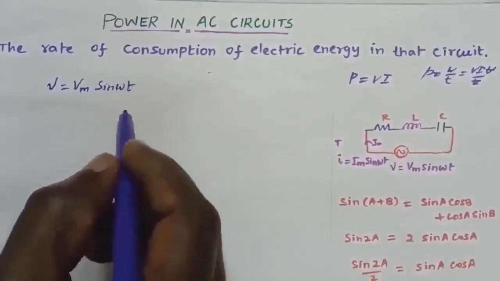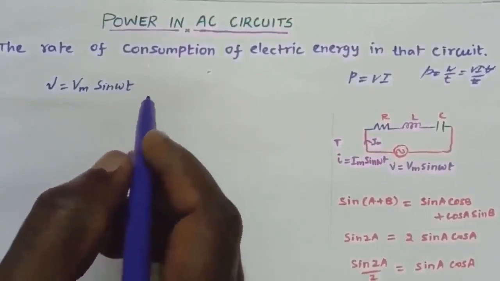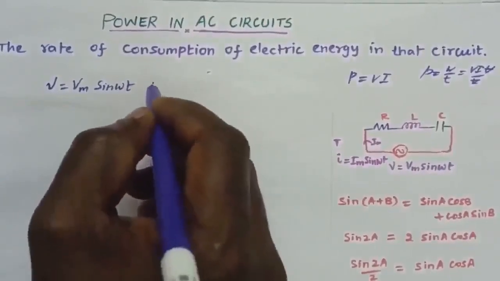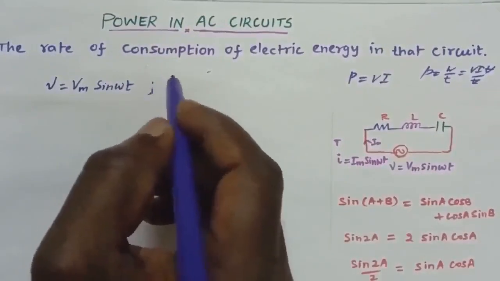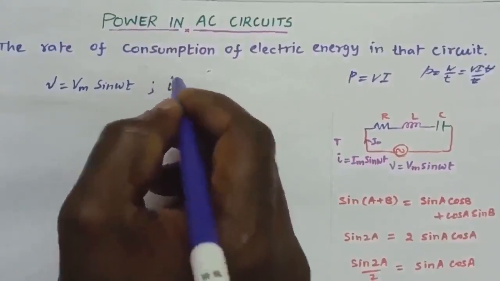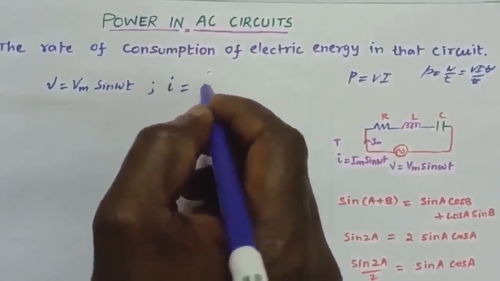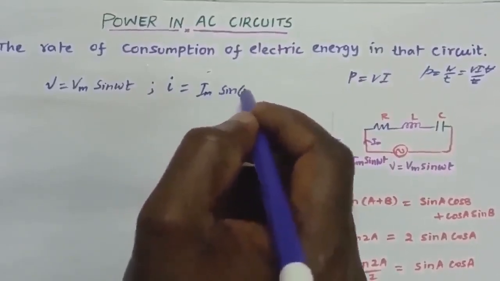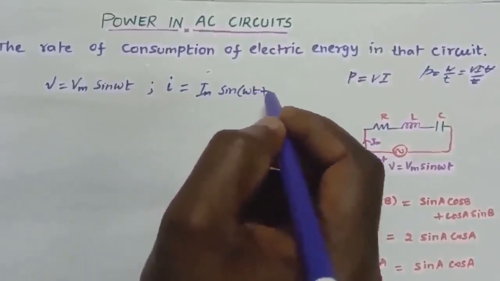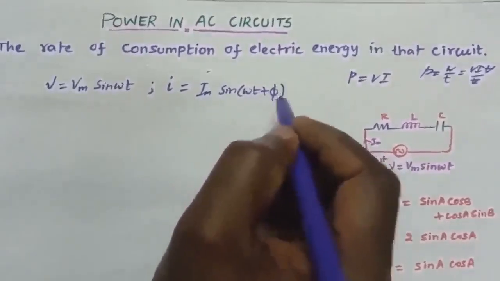And the alternating current is given by I is equal to Im sin(omega t plus phase angle phi).